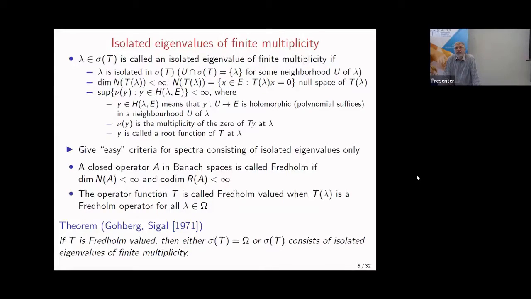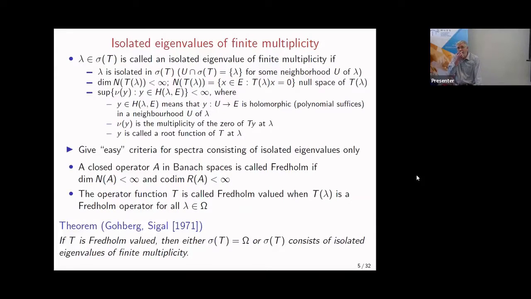So that means at lambda that is 0, so it has a zero of a certain multiplicity, and that is a mu of y. And in that case, y is called the root function of T at lambda.